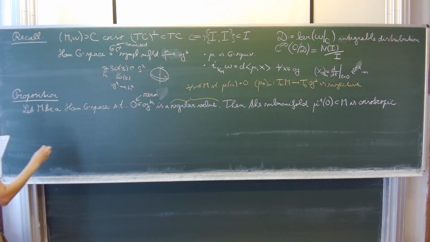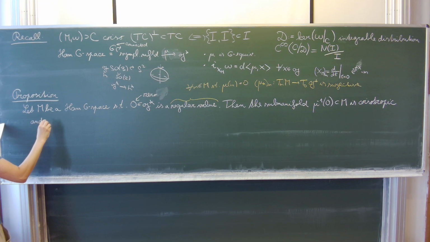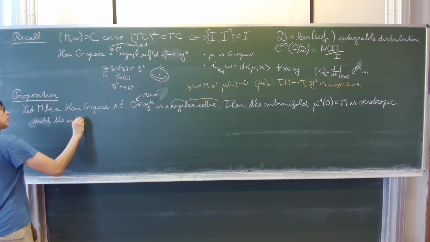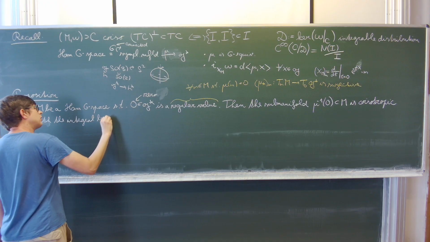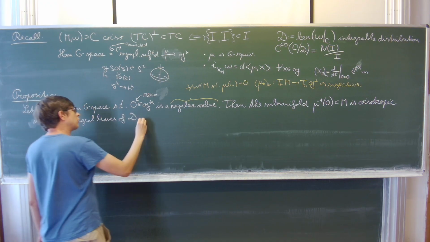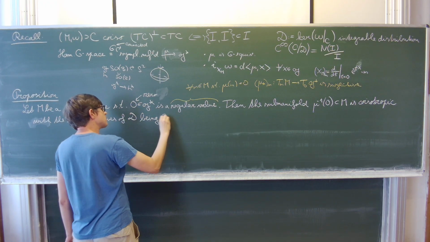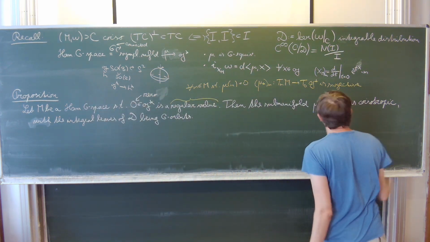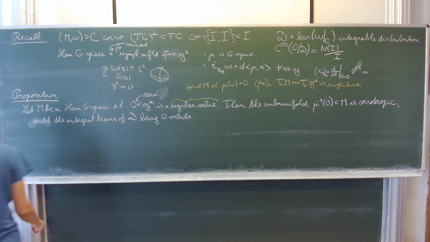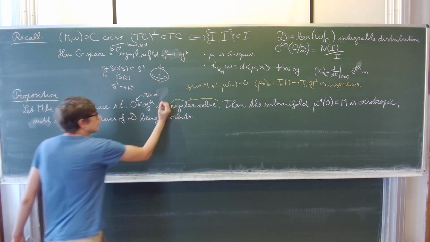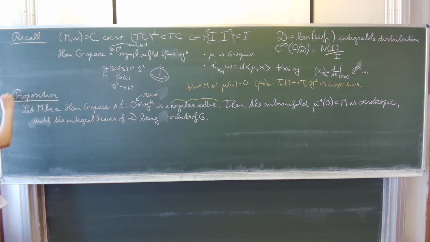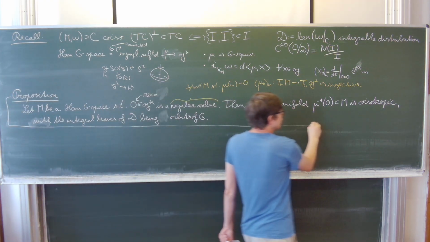And we can also say very nicely what D is, with the integral leaves of D being orbits of G. Okay, so this thing fits in our previous context.